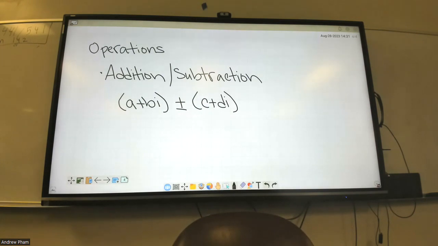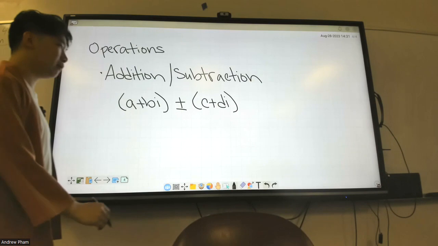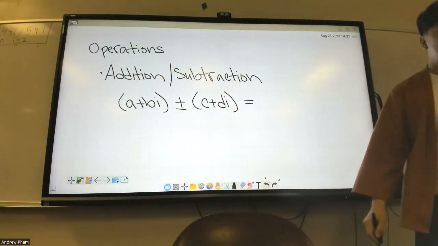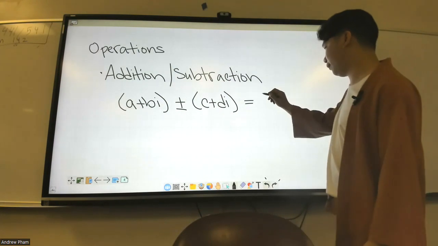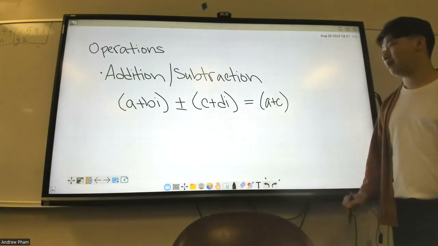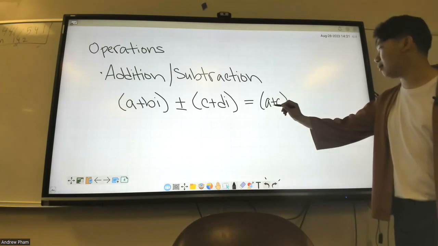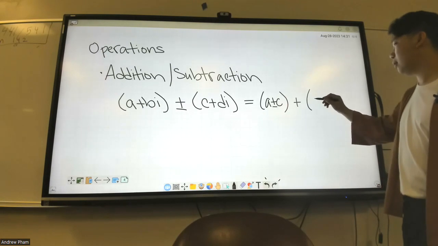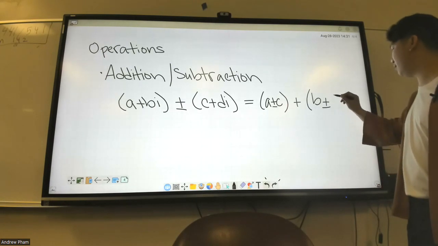This is another complex number. Then this is going to be equal to a plus or minus c, sorry, plus b plus or minus d i.